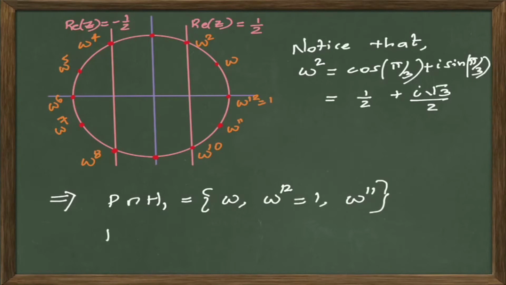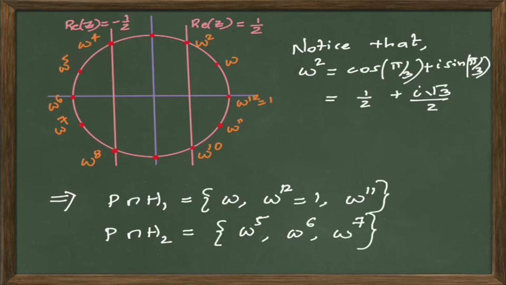And the set P intersection H2, which corresponds to the points of P that lie on the left of the line real part of z equal to minus half, is equal to omega to the power 5, omega to the power 6, and omega to the power 7.